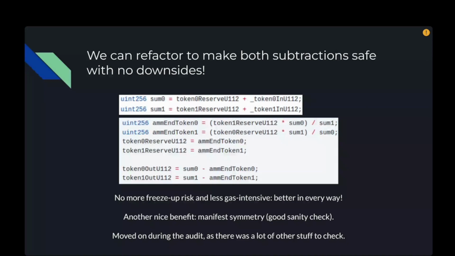Another really nice benefit of this, and this is just a general principle you can keep in mind, is that there's manifest symmetry if you interchange the 0 and 1 indices, which is an invariant that the original constant product formula has. Right? xy equals k is invariant under substitution of variables between x and y.